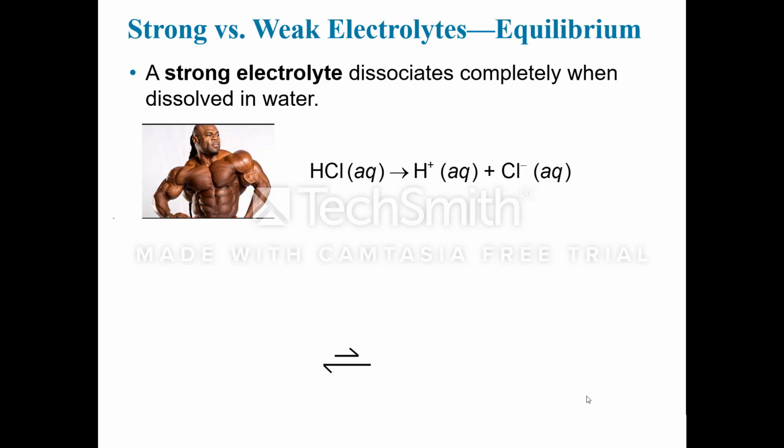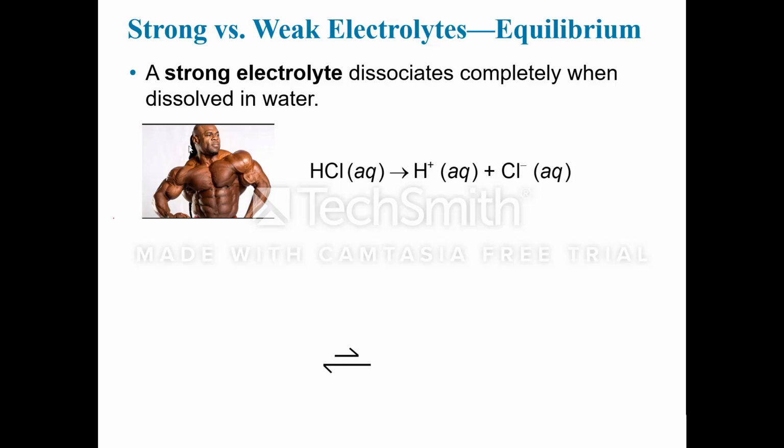Let's talk a little bit about the term strength as it relates to chemistry. When I'm talking about strength, I'm not talking about powerful strength, like Kai Green right here. When I'm describing strength as a descriptor of electrolytes, I'm talking about the substance's ability to dissociate.